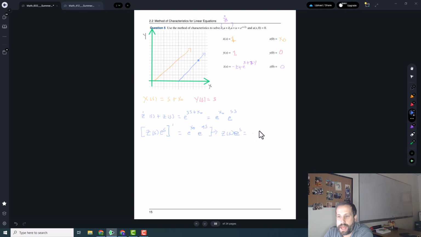And on the right-hand side, when I take the antiderivative with respect to s, I'm going to get e to the x naught divided by 4 times e to the 4s plus a constant.